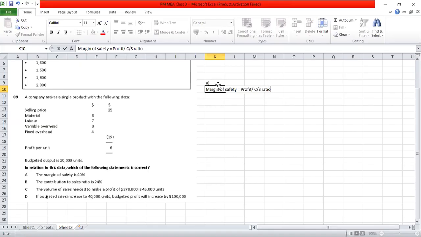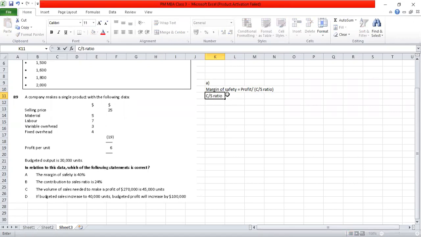That is another formula. We can depend on anything. Test and see. Since these are given in per unit, we can take per unit values only. So first let's find out what the C by S ratio is.